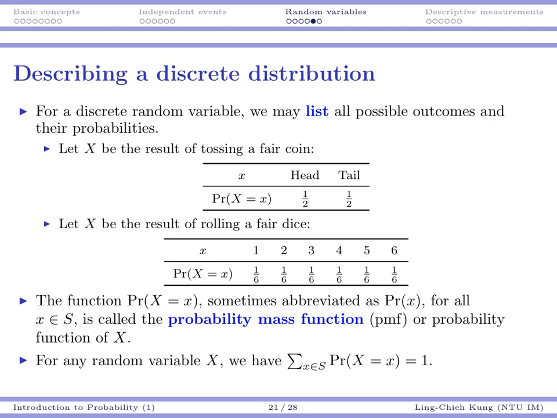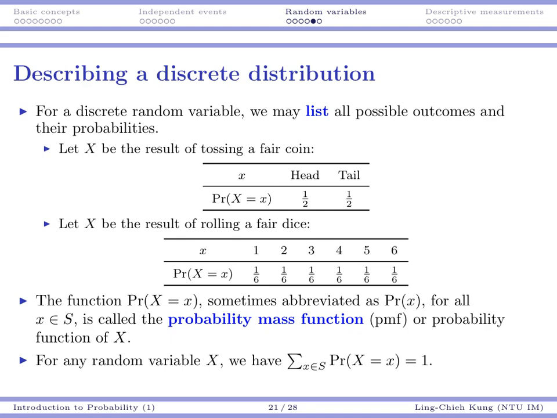This probability function will generally be called a probability mass function, or just the probability function, of that random variable. Today, we will talk about probability mass functions for discrete random variables. In the next week, we will talk about probability density functions for continuous random variables.